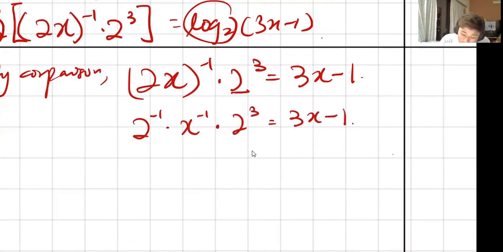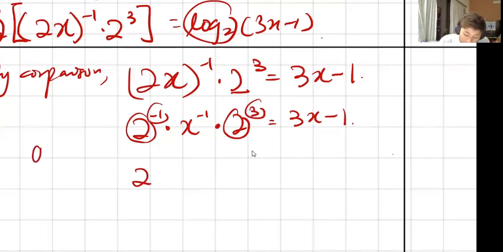Same base, I can combine them because it's multiplication. Dot is multiplication. When I combine two same bases separated by multiplication, I can add their powers up, because a^n times a^m equals a^(n+m) by this theorem. So -1 plus 3, times 1 over x, because x to the power of -1 is 1 over x.